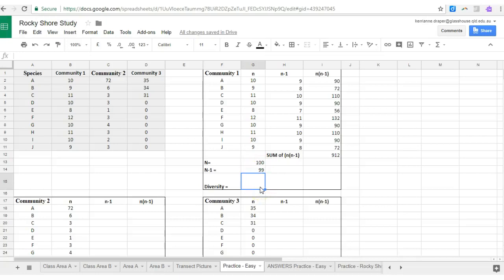So now for the hard bit, actually typing it in. To get the diversity, we have to type in the formula, and we have to just be a little bit careful that we get it right. Because we've got to put everything in brackets to make it do it properly. So you always start with equals, and then it's going to be 1 minus everything in a bracket.